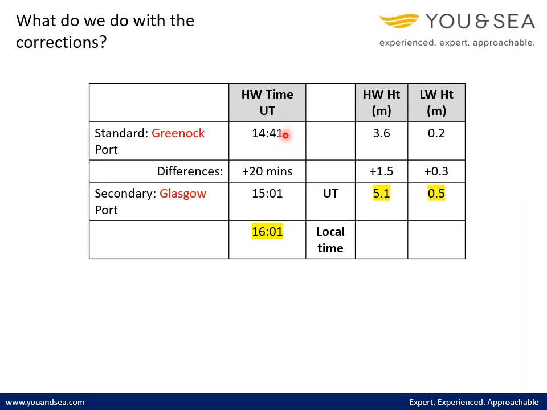Our standard port time was 14:41, with 20 minutes of correction on, which means our UT high water at Glasgow is 15:01, and because we're still in summertime, we add 1 hour on. 3.6 meters at Greenock, adding 1.5 meters of correction on gives us a high water height of 5.1, and a low water height of 0.2, adding 0.3 meters on gives us 0.5. And that is our secondary port correction complete.